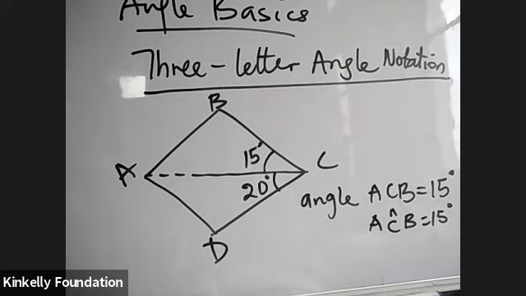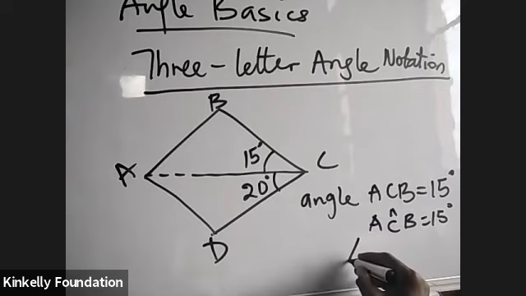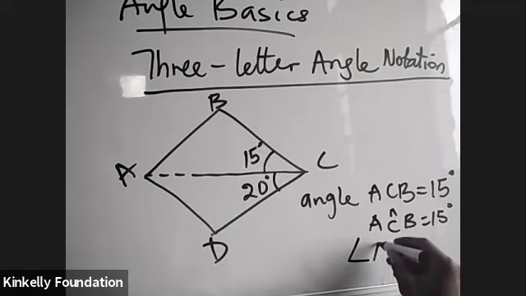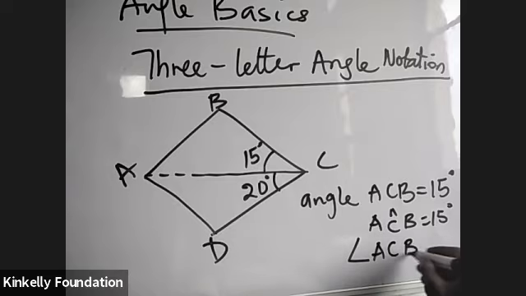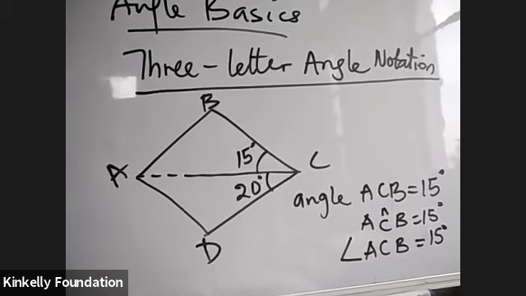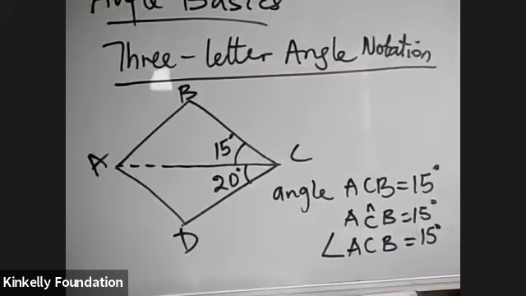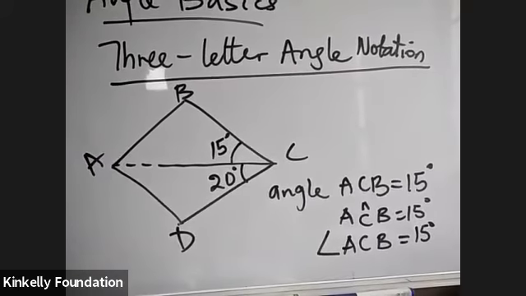Most times, you can have something like this, a bent symbol, angle ACB, 15 degrees. So note these ways of representing angles.